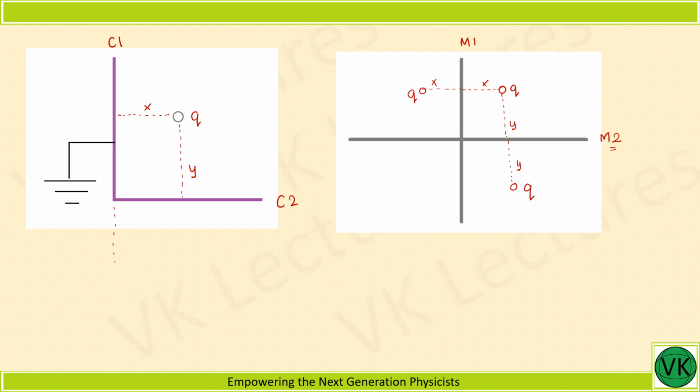Let's write these as q1 and q2. Again their imaginary charges will be at this point, this is q1, q2 and q3.